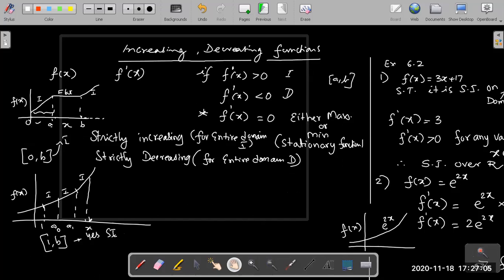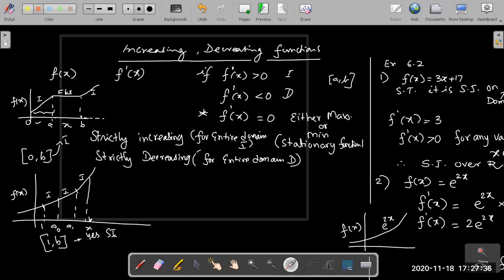So increasing, decreasing functions, and we want to talk about f of x, f dash x. If f dash x is greater than 0, it is an increasing function over the interval a to b. If it is less than 0, we call it a decreasing function. If it is equal to 0, that is called a stationary point, which will come later.